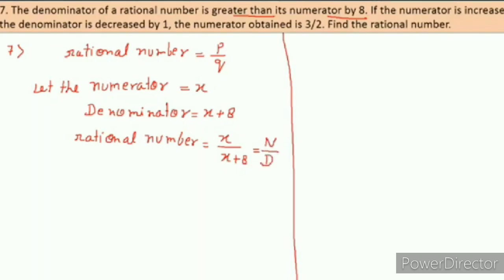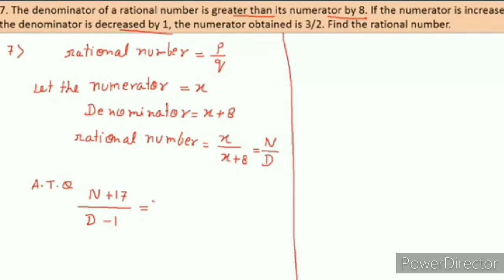Numerator by denominator. Now, according to the question, if the numerator is increased by 17 and the denominator is decreased by 1, right now we have the rational number x by x plus 8. x is the numerator. To that, we should add 17. That is, numerator plus 17 by denominator minus 1 is equal to, what is given?